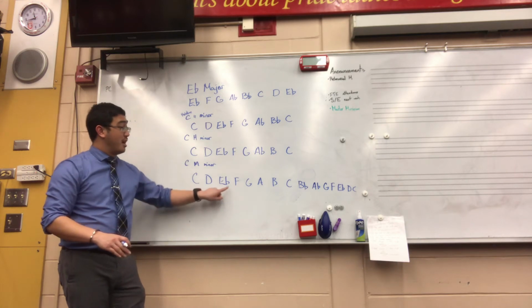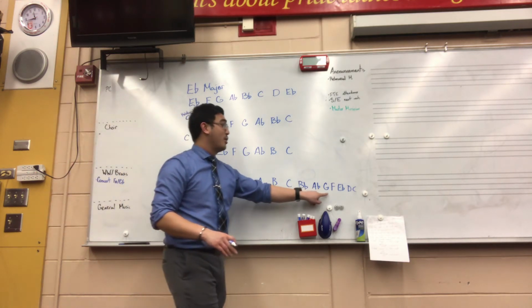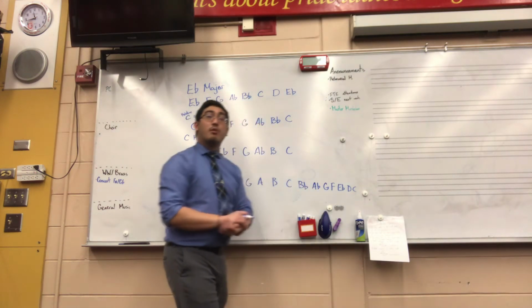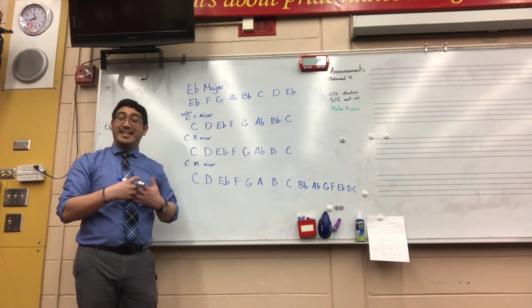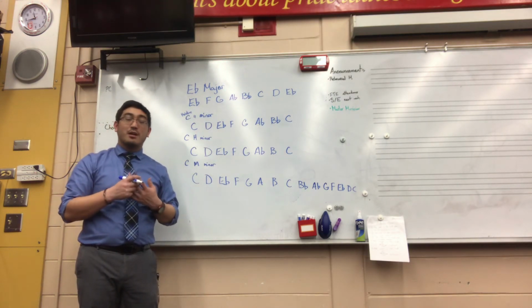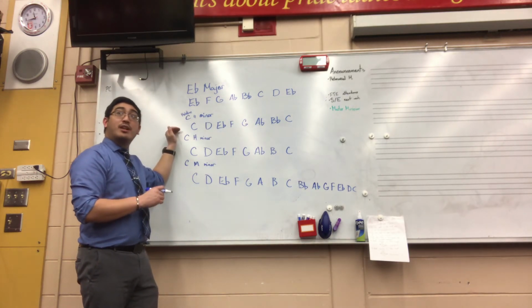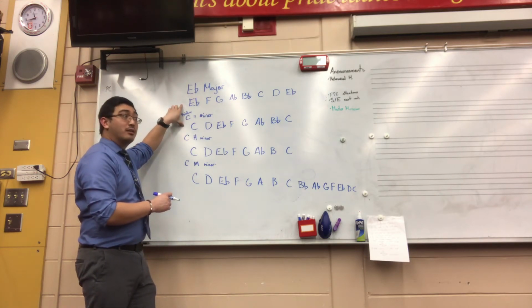Do, re, mi, fa, sol, la, ti, do, te, le, sol, fa, mi, re, do. Remember, your relatives share stuff from the inside, your DNA or your blood. The relative major and relative minor share a key signature from the major to the natural minor.